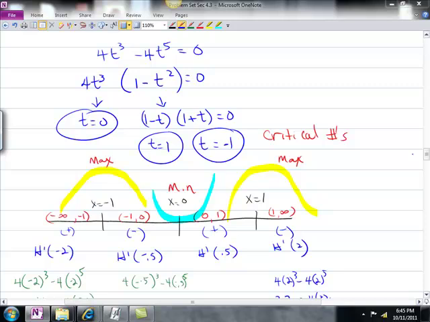You are doing h prime of those test points. And remember, you're just really looking for the sign. So if you could do it without even plugging it in, if you could just look and say, oh, well, I'm going to multiply negative times negative, you could do it that way, because nobody cares what the value of the number is. It's about the sign.